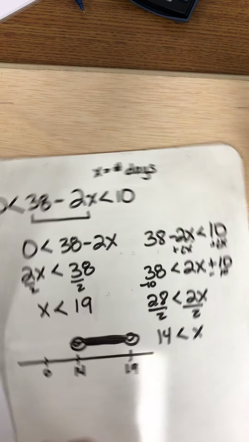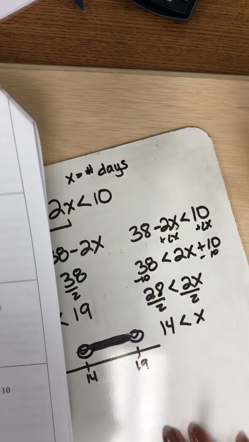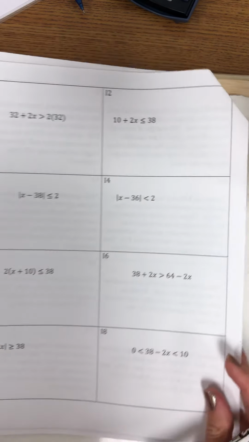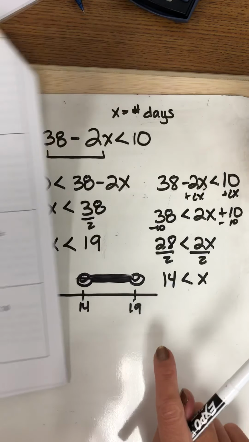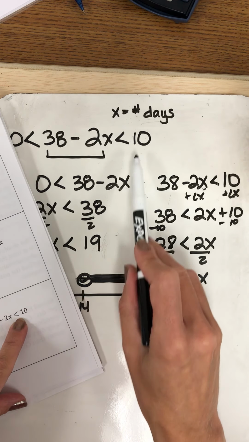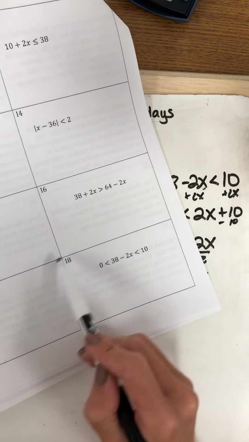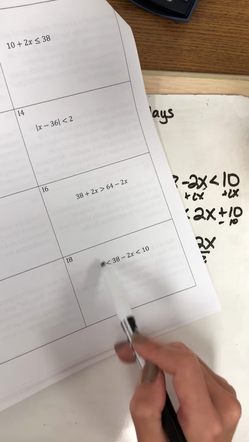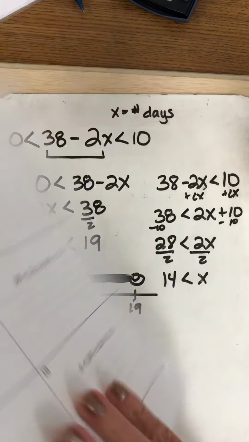If I were doing this, it looks like this one. That's what I wrote right here: 38 minus 2x has to be less than 10, but greater than 0. So I8 is the inequality that you would write.